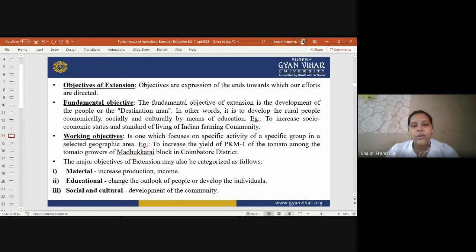Then fundamental objectives. The fundamental objective of extension is to develop the people, the person whom we are targeting and for whom we are making things. The development is for the rural people economically, meaning something that benefits them so that they can economically develop themselves.